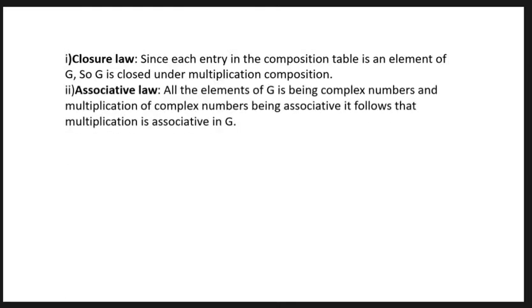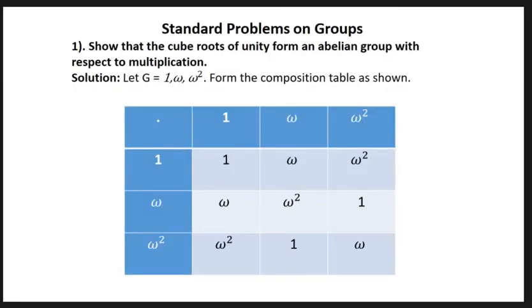Next, the associative law also holds good. All the elements of G being complex numbers, and the multiplication of complex numbers being associative, it follows that multiplication is associative in G. Suppose you take 3 elements 1, ω, ω²: 1 into ω is ω, then ω into ω² is ω³, that is equal to 1.